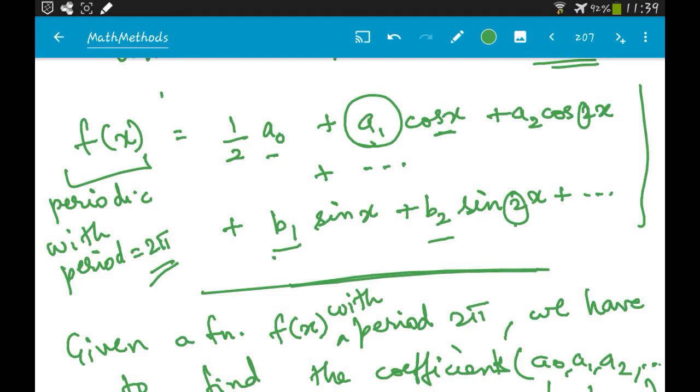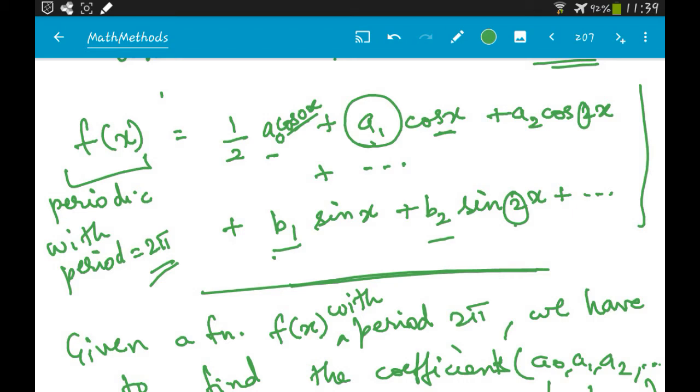Okay, so if you have just a0, what does it mean? It means that this is a0 cos 0x, right? And cos 0x is nothing but cos 0, which is 1, and that's why you don't write cos 0x, you have only half a0. But for sine you cannot have b0, right?